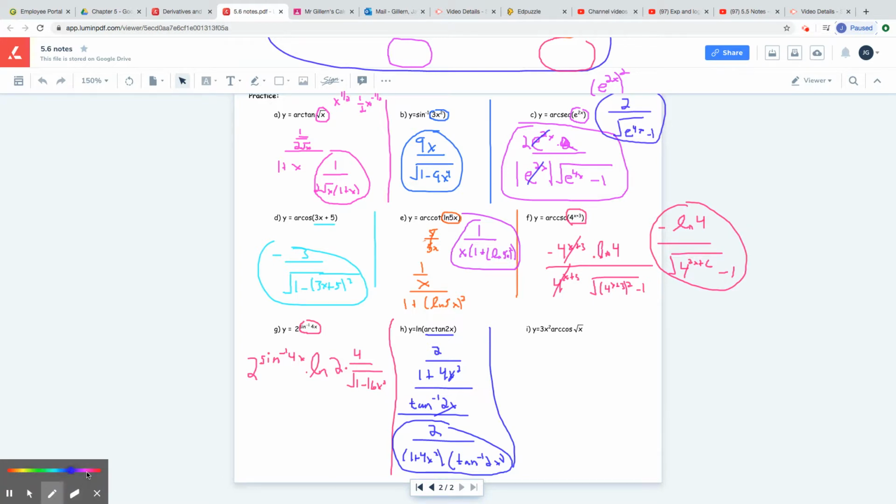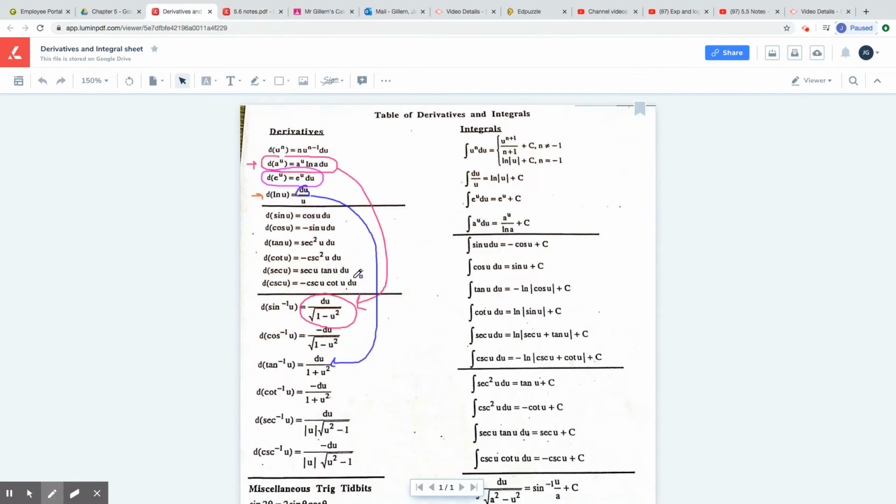All right. Now, last one here, just to show you, this is a product rule. Remember, the product rule is the first, which is 3x squared, times the derivative of the second. Well, arc cosine, the formula for arc cosine is negative du over the square root of 1 minus u squared.